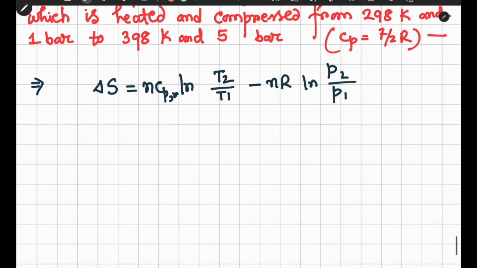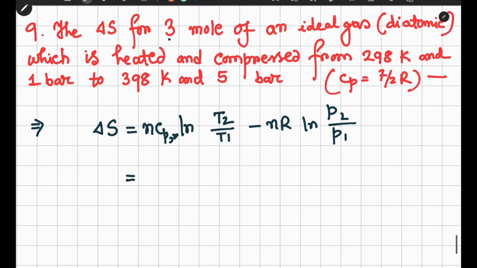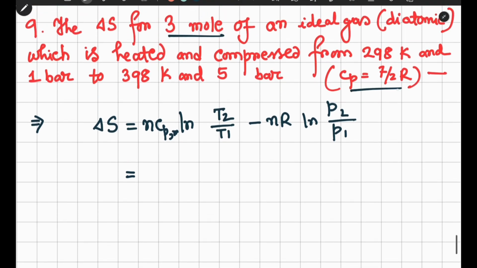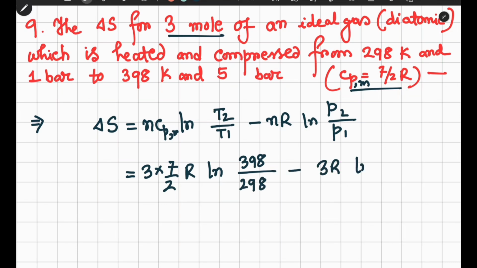Okay, now it's easy, we have to just calculate it. 3 mole and Cp is given. This is basically Cp for 1 mole, that means it's actually Cpm. So 3 into 7 by 2 R ln 398 divided by 298 minus 3R ln 5 by 1.